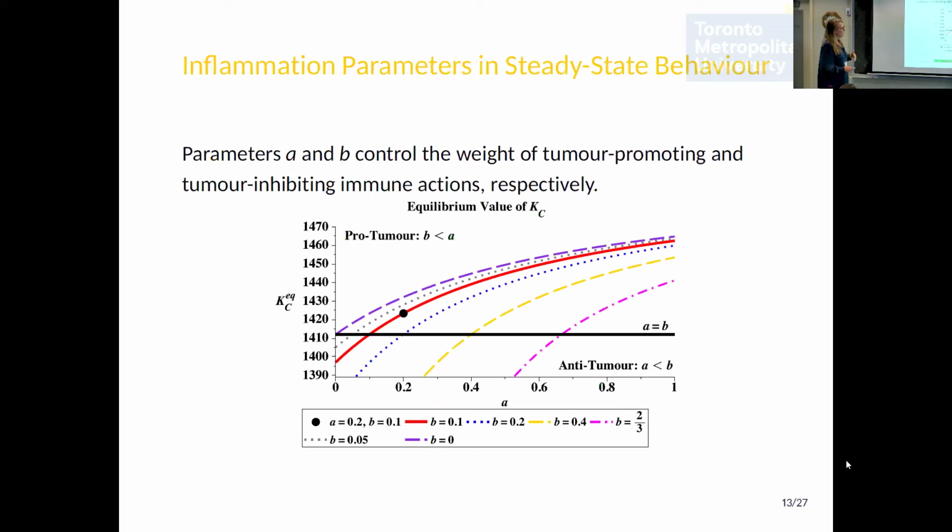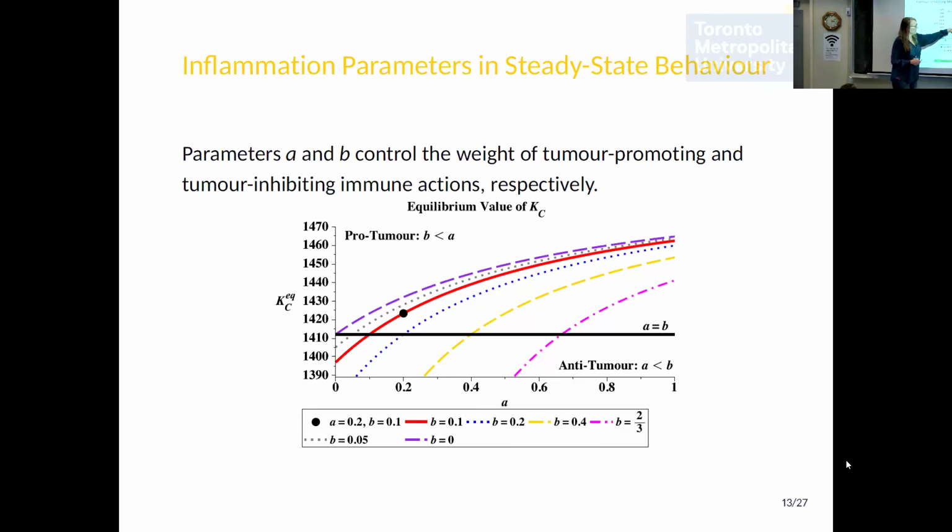Now we can explore both the model and how we can relate it back to this idea of inflammation driving tumor growth. This is just looking at where in this A-B space we should live. A is the weight of the inflammation driving the tumor, and B is fixed on the different curves.